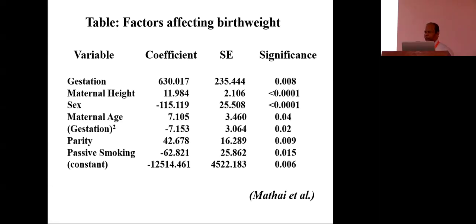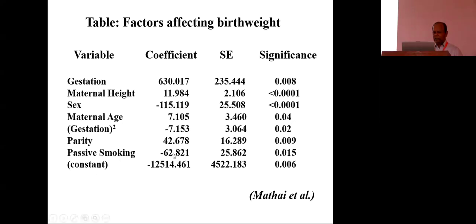This is about if the lady is a passive smoker, what kind of decline happens in her baby's birth weight. Do you understand? So you have a covariate measured as: she's a passive smoker, yes or no? Okay. So you need to see where is that variable, passive smoking, yes or no?